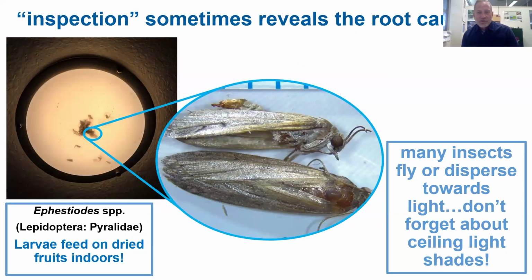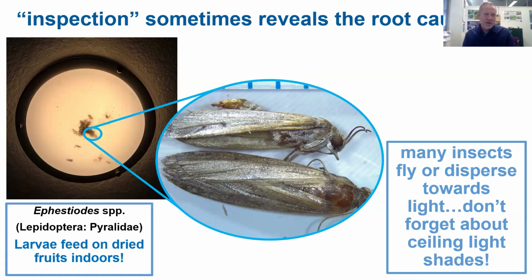Another example where we're using light shades. This was a recent inspection, again October or November, that I did here in the San Francisco Bay Area. A resident was complaining, in an apartment complex, of moths flying around inside their unit. The pest control operator initially thought they were dealing with clothes moths, and they deployed some monitoring devices for clothes moths. Then they thought, okay, this might be Indian meal moth.